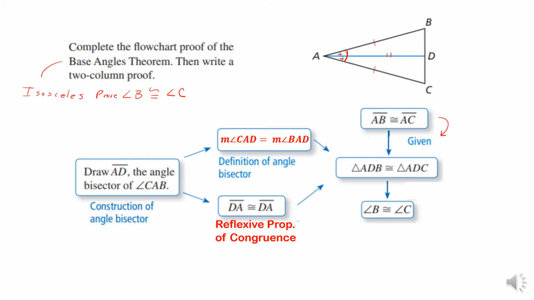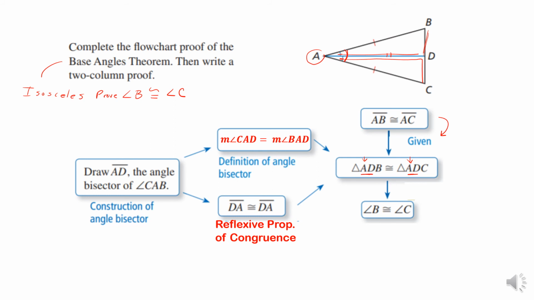I started with A, I went to D, and then B. So that means I have to go ADC, because these two sides are the corresponding sides in the triangle, so they have to be in the same place. And the two angle A's are in the same place. So that's really important when you're drawing this kind of conclusion.